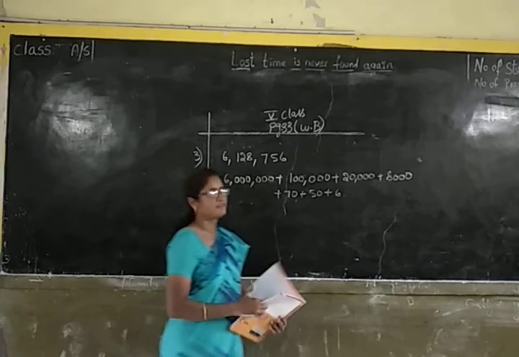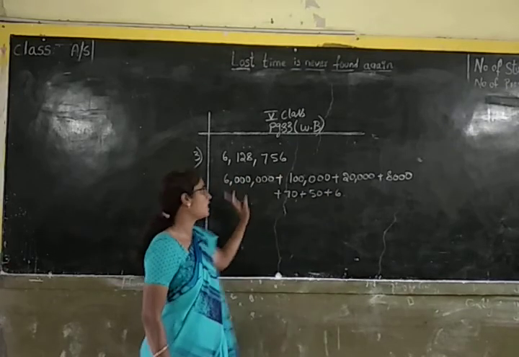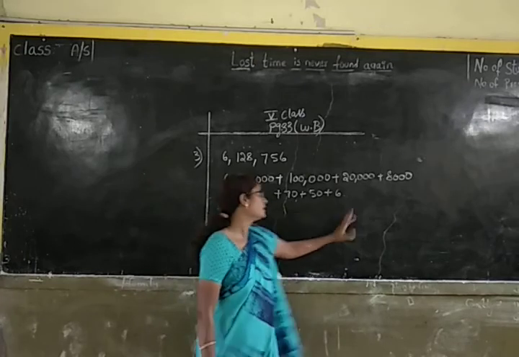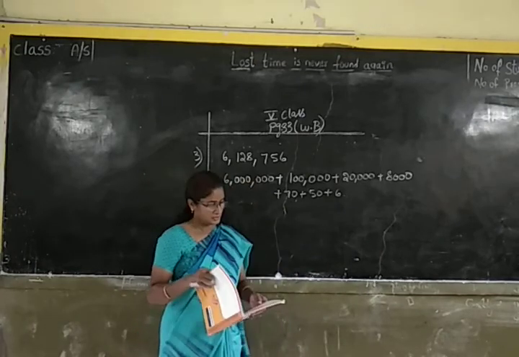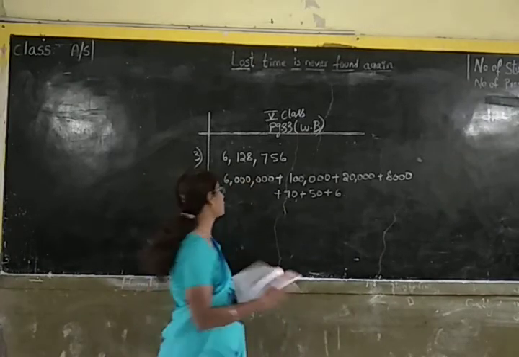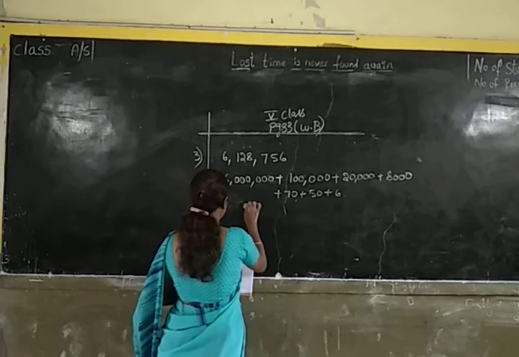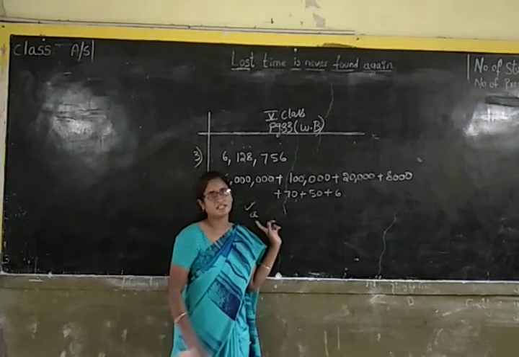This is the way of decomposing this number. Decompose means you have to write the expanded form of the given number. So here three options are given and the correct option is A. So all of you tick A option.